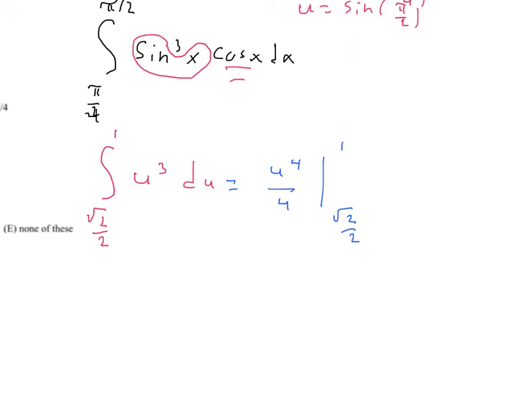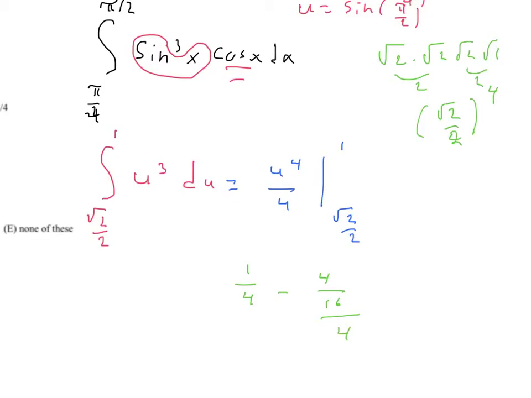If I plug in 1 for u, 1 over 4 minus the square root of 2 over 2 to the 4th, over 4. The square root of 2 raised to the 4th, if I thought about that being multiplied by itself, we get 2 times 2, 4, over 2 to the 4th is 16, and this is all over 4.